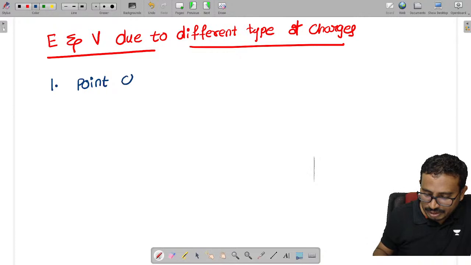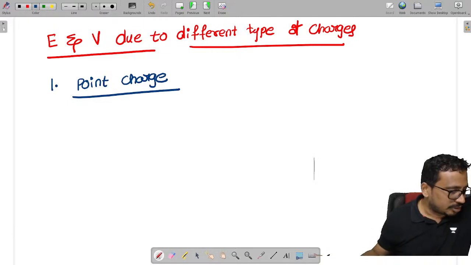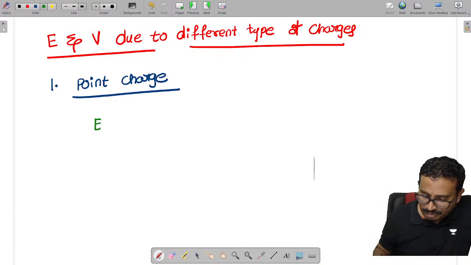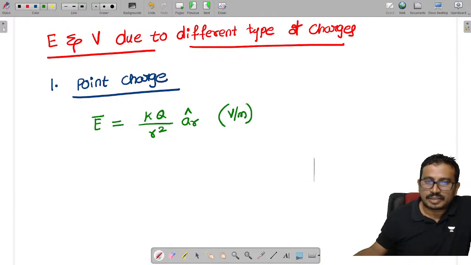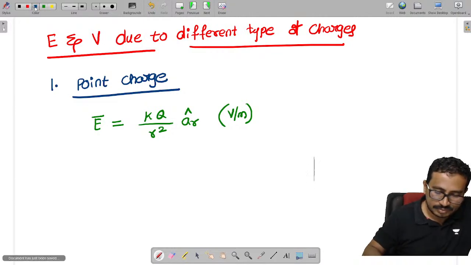For the point charges, we already know this. The electric field due to a point charge is given as KQ by R square into AR cap, with units of volts per meter.